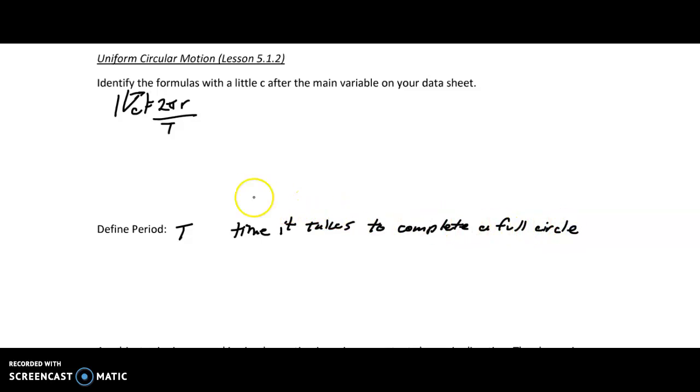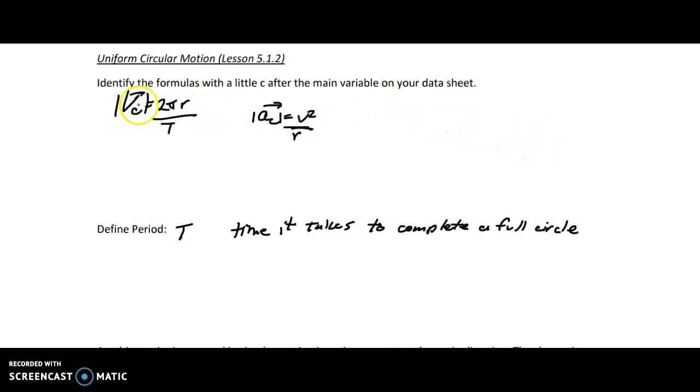Now, a lot of times you will see definitions with periods saying period is the time it takes to complete one cycle. In this case, because we are talking about circular motion, that will be one circle. Another formula we've got here is the acceleration is just equal to v squared over r. Now, again, acceleration is a vector, but we put this in absolute values because the direction of that acceleration is always changing.